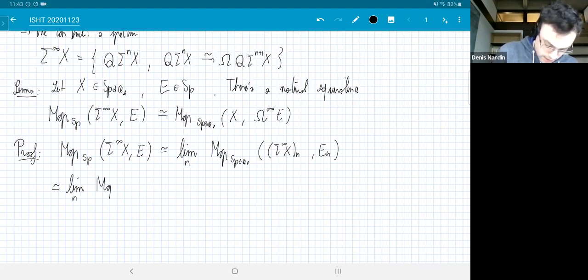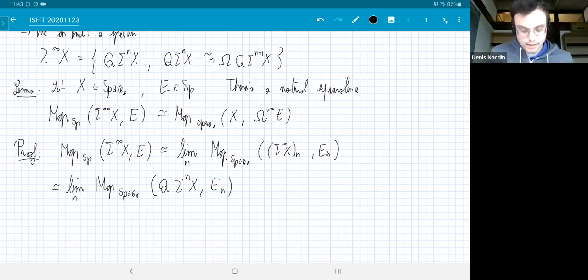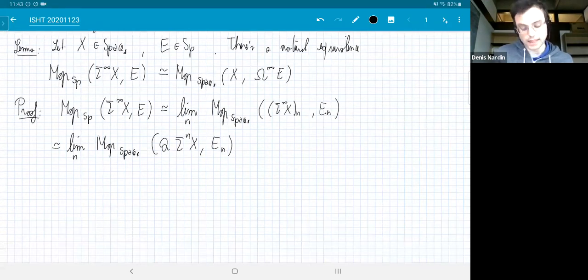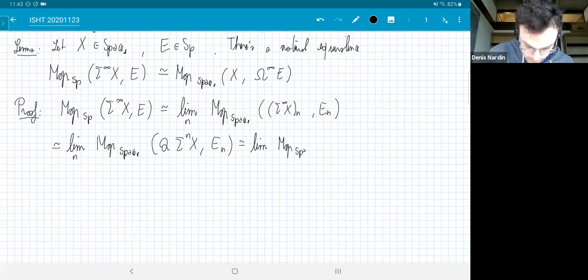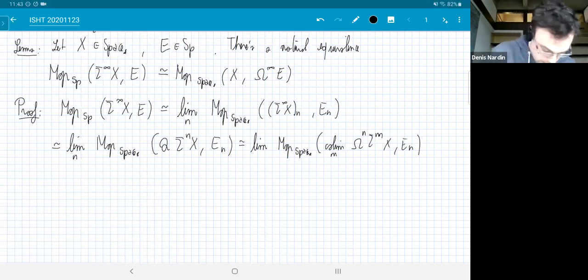Now this is maps in pointed spaces of Q sigma n of X, E n. And now I have to put in Q, which is a colimit, so I have limits of maps in pointed spaces of omega m sigma m x, E n.